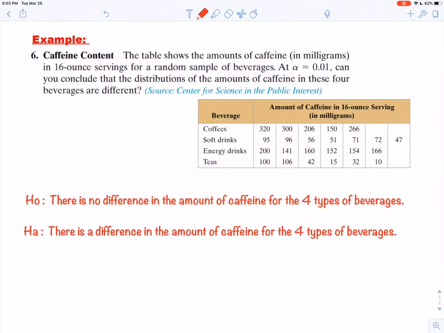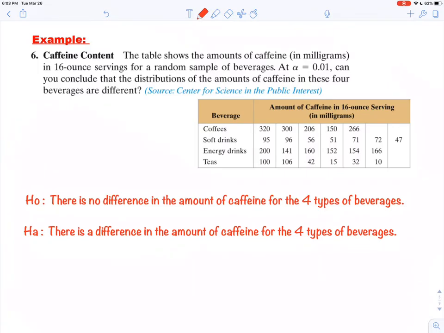All right, so let's walk through an example here. First thing is to look at how do we know to use the Kruskal-Wallis test. If I look at the information I've got here, I'm looking at the amount of caffeine in 16-ounce servings for a random sample of beverages.